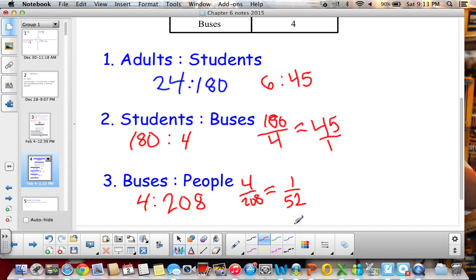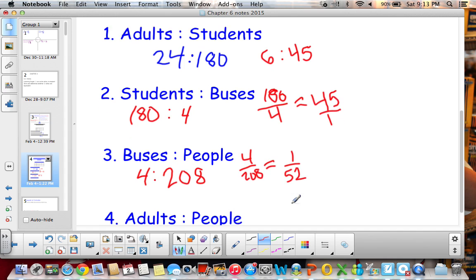So there was adults. We just found out that there was 45 students per bus, but then we add the adults. So 52 people per bus.